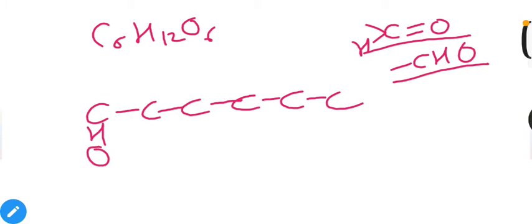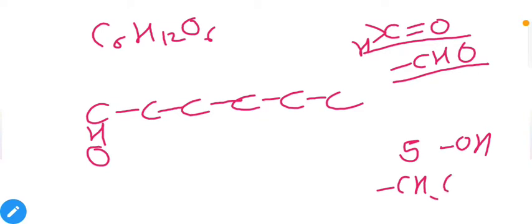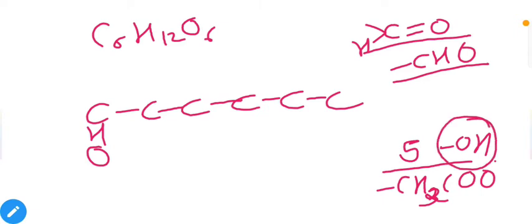Now with acetic anhydride, this compound gives a pentacetate compound, which suggests we have 5 OH groups, because acetic anhydride will replace OH group with CH3COO group. Okay, so if you get 5 acetate substitutions, then it means it must contain 5 OH groups. If the compound is stable, then all of these 5 OH groups will be present on separate carbons.